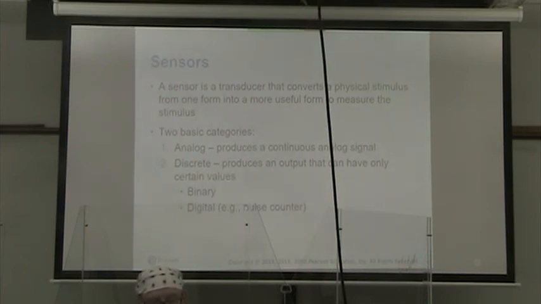The discrete sensors may be binary, where it's either 0 or 1. It's either off or it's on. Or it might be digital in that it is counting something.